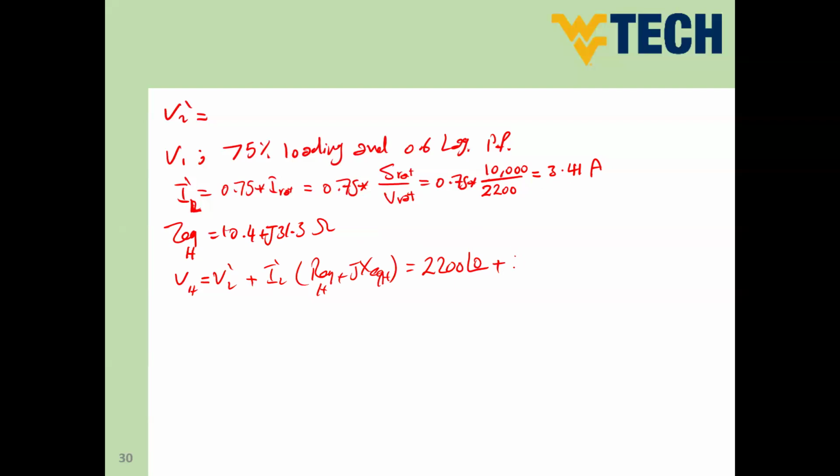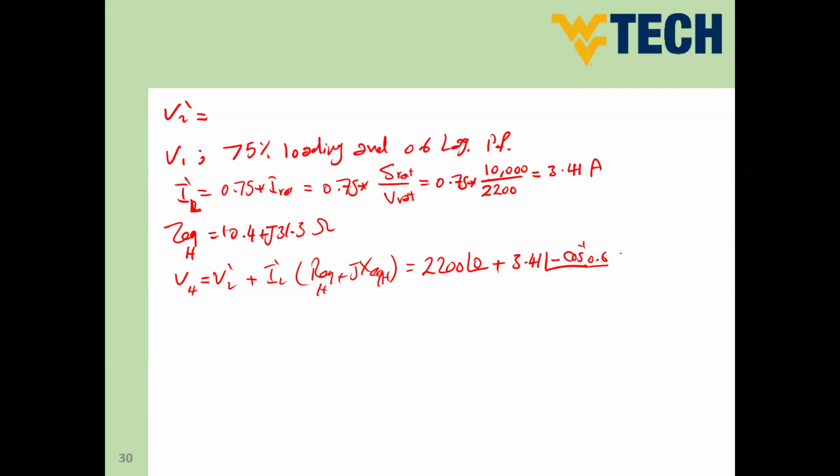It's going to be 3.41 ampere, and the angle is, as mentioned here, 0.6 lagging power factor. Lagging means the angle is in minus sign because we said the voltage is reference at angle 0. So minus cosine inverse of our power factor, which is 0.6.